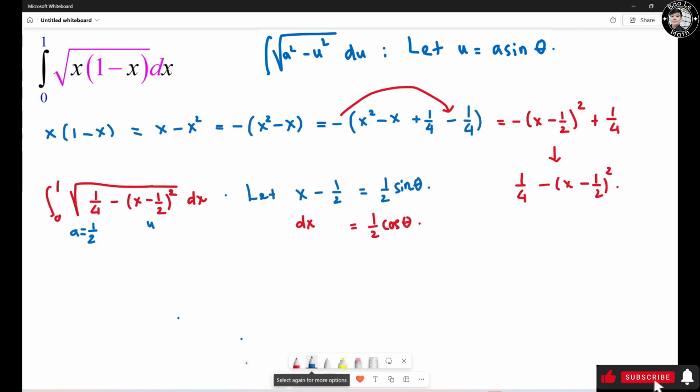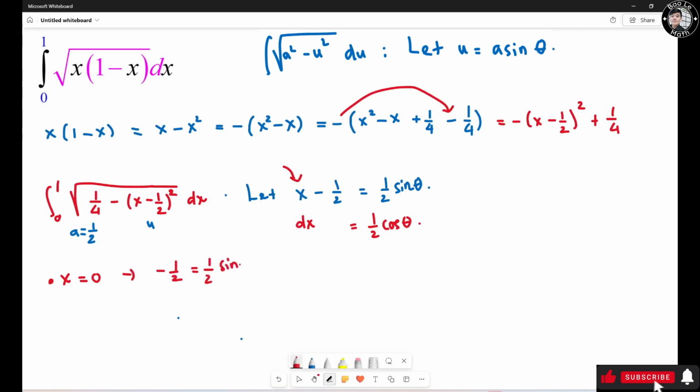Now I need to change the upper limit and lower limit. When s equals 0, substitute 0 for s into this equation. So you have negative 1/2 equals 1/2 sine theta. Now divide both sides by 1/2, so sine theta equals negative 1, then theta equals negative pi/2.